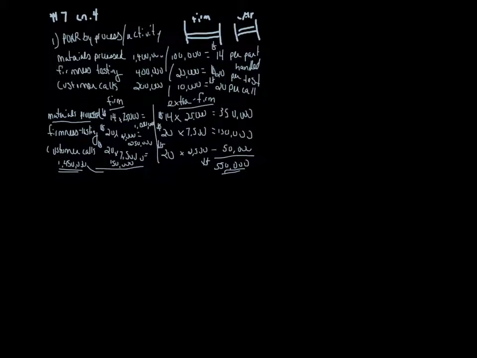So here you're just trying to figure out the cost of overhead per mattress. So if we say that, again, it's a firm mattress, and they tell us 5 parts, 2 tests, and 1 customer call.